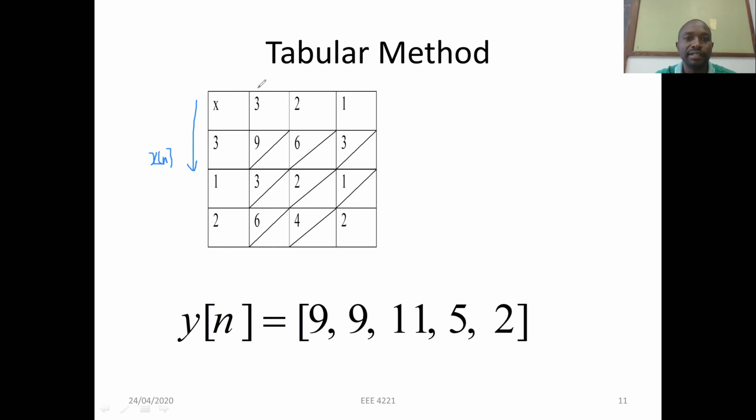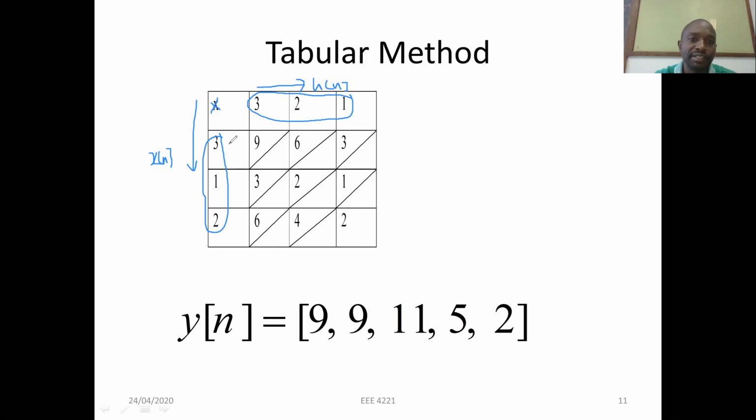Then you have another part here consisting of h of n. Okay. And what I've done here is to put the sequences for x of n in that format. And then I've also put the sequence for h of n in that format. And then I've put a multiplication here, take note.